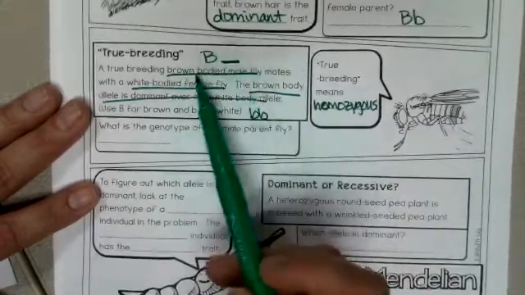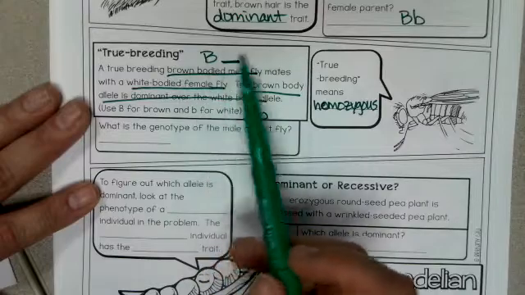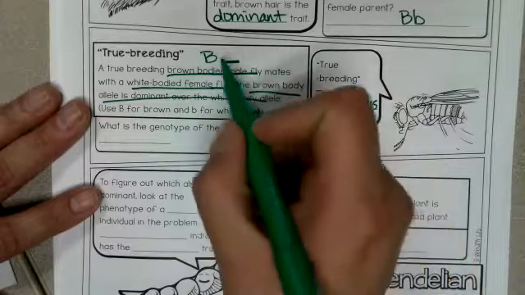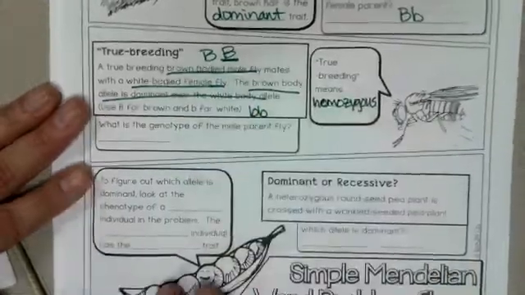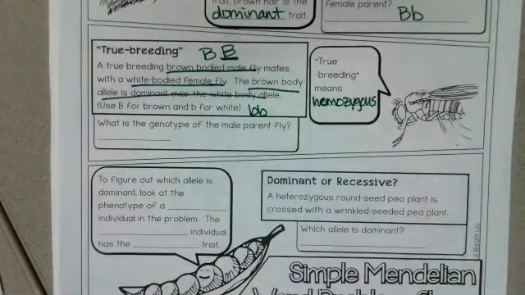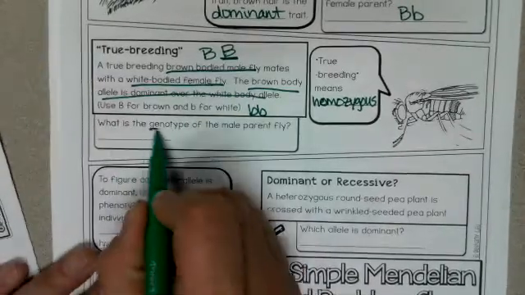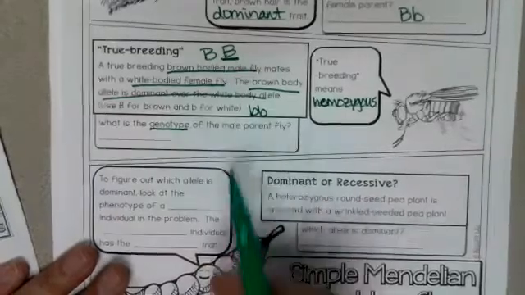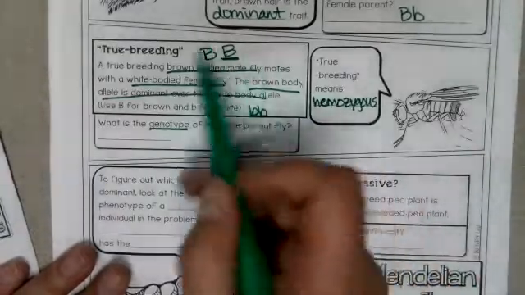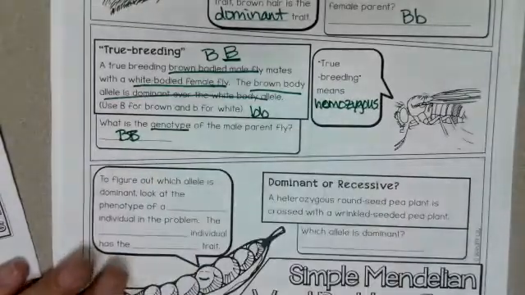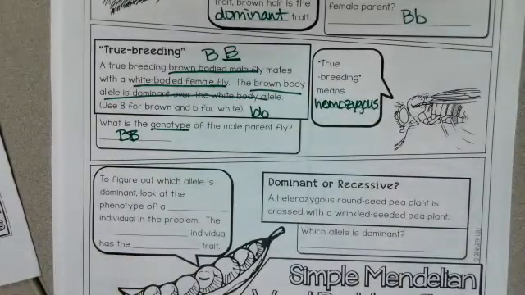So because our male is brown, we know that he is homozygous, we know that he is going to have two capital B alleles or two dominant alleles. So when it asks what is the genotype of the male parent fly, we can say that it's going to be a homozygous dominant pairing or two capital B's.